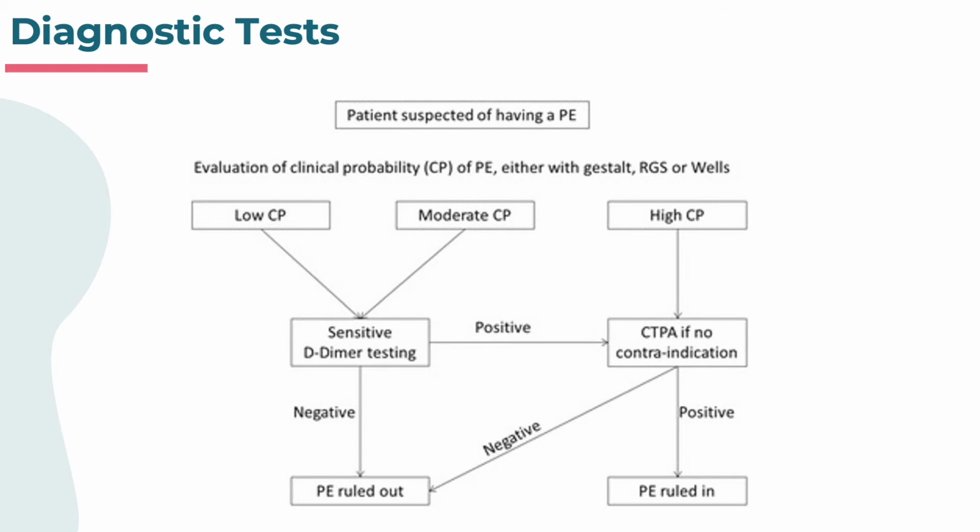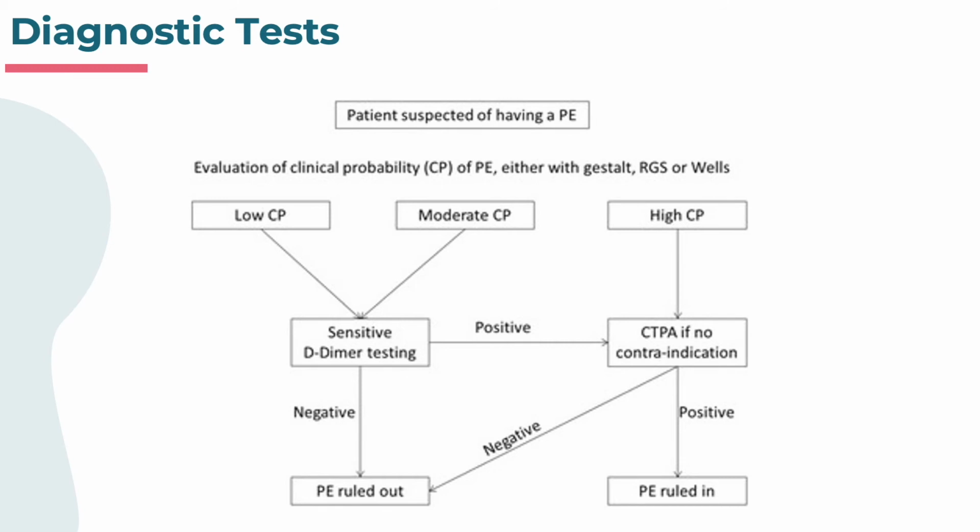If that is positive, then you do have a pulmonary embolism. But if your D-dimer test and your CTPA are both negative, or one of them is negative, that means you do not have a pulmonary embolism. So this flow chart shows the process of determining whether you do or do not have one.